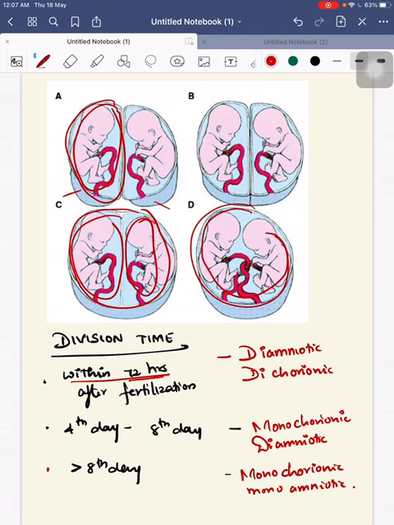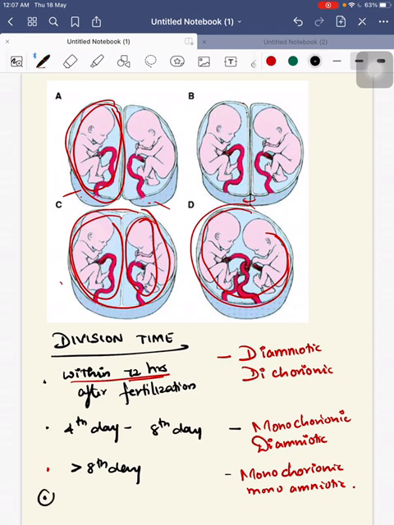So in picture A, we have dichorionic and diamniotic twins with two separate placentas, while in picture B, it is dichorionic, diamniotic with a fused placenta. In picture C, we have monochorionic and diamniotic. In picture D, it is monochorionic and monoamniotic.